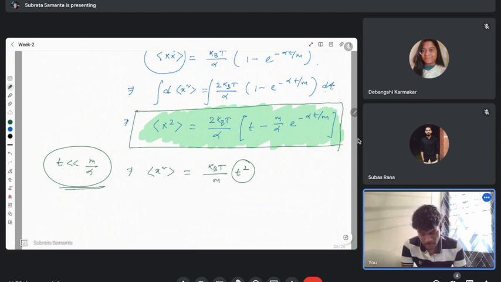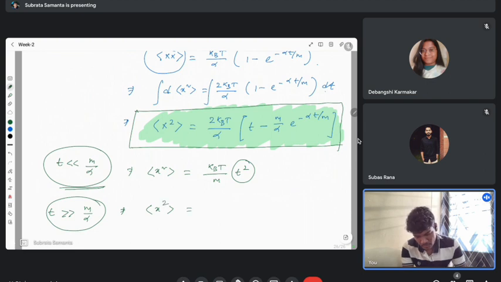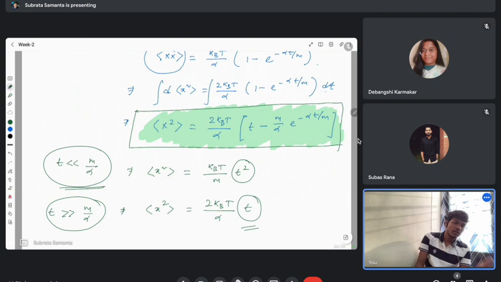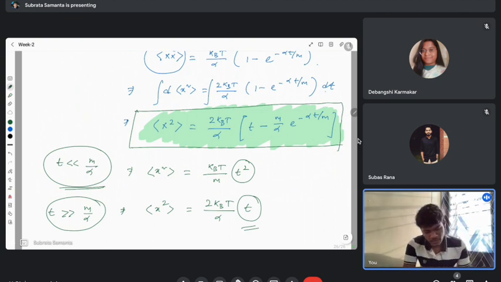But if we consider t is much greater than m by alpha, so your time scale is much greater than these values, then this x square average gives you 2 kBT by alpha times t. It gives a proportional to t, t to the power 1, right?